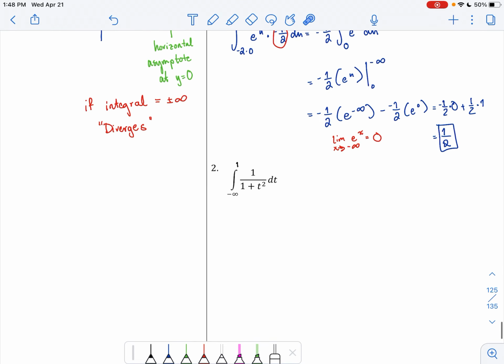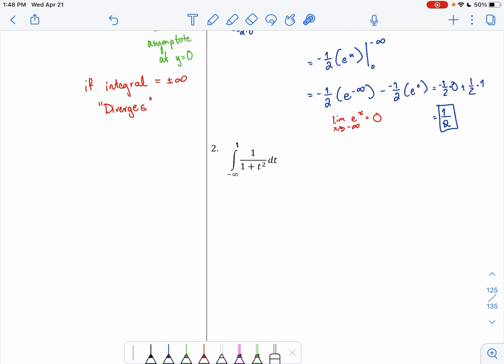So let's look at another one. Here we have the integral from negative infinity to 1 of 1/(1 plus t squared) dt. The main thing here is we need to recall the antiderivative of this function. It looks a little unfamiliar, but if we remember, the derivative of tan inverse of t is equal to 1/(1 plus t squared).